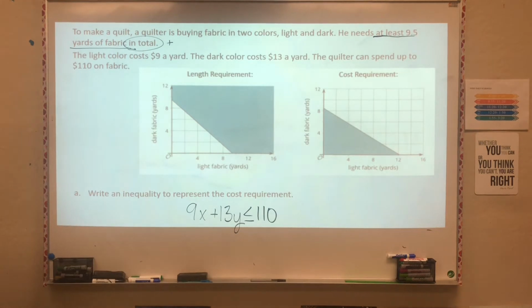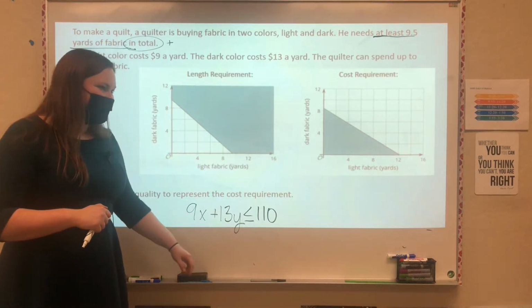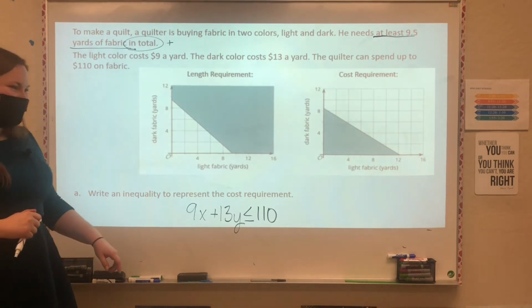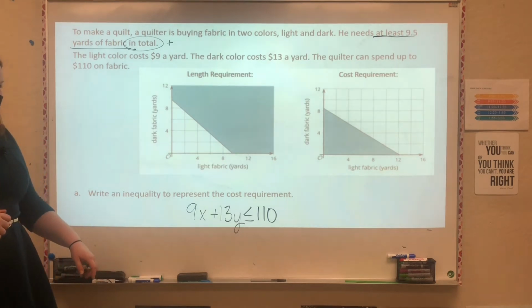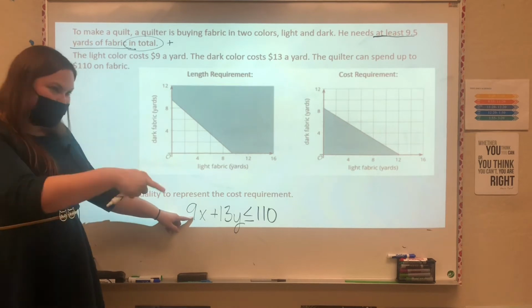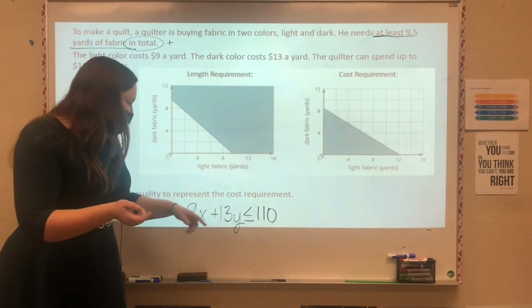Because x would be for a yard of the light-colored fabric, and then y would be a yard of the dark-colored fabric. Or would be the amount of each one, yeah. Yep. So the cost of 1 yard times how many yards you're getting.